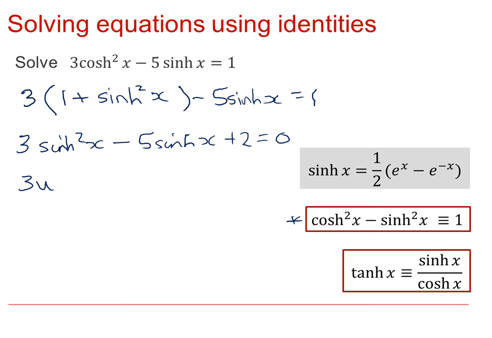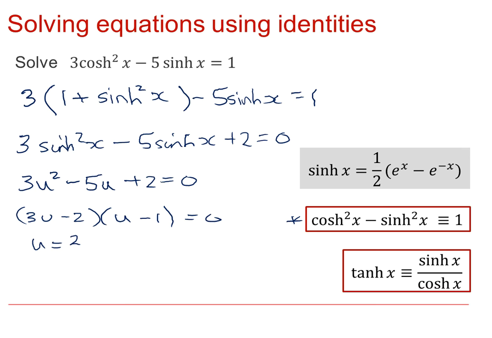Some people prefer this when they are solving quadratics. We can then see that this would factorise to give us a solution that u equals 2/3 or 1. Substituting back in, that would give us that sinh x equals 2/3 or 1.